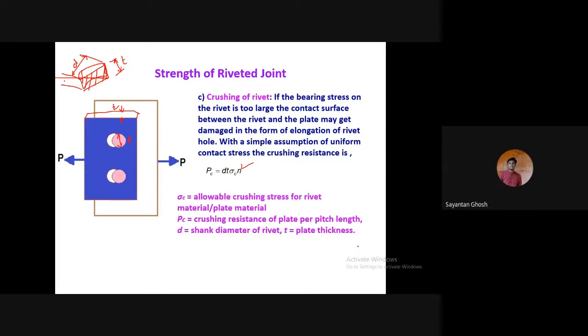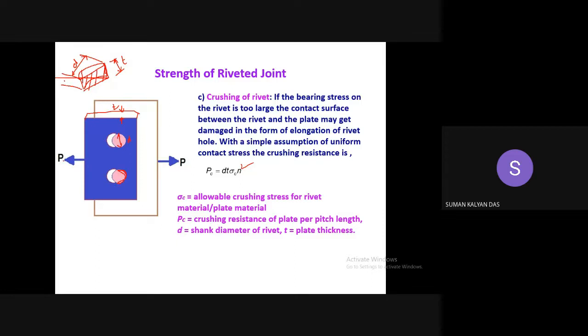Yes, sir, but in the diagram it is showing tensile stress, but for crushing we have to... No. Please, I'll explain. See, although it is a tensile loading configuration in general, what happens when you consider this area?